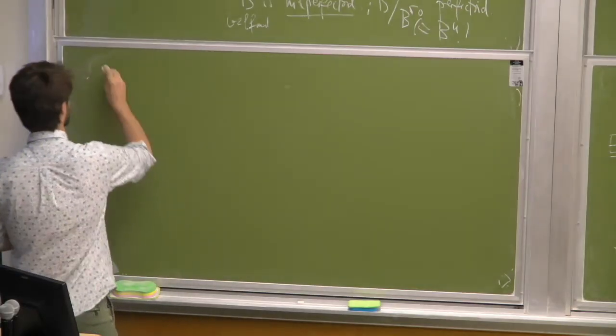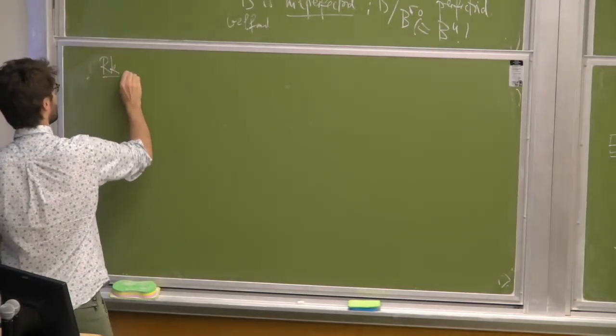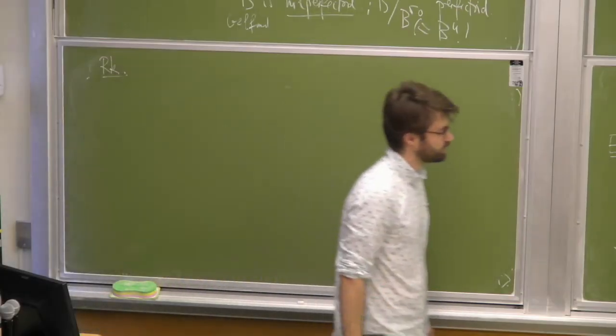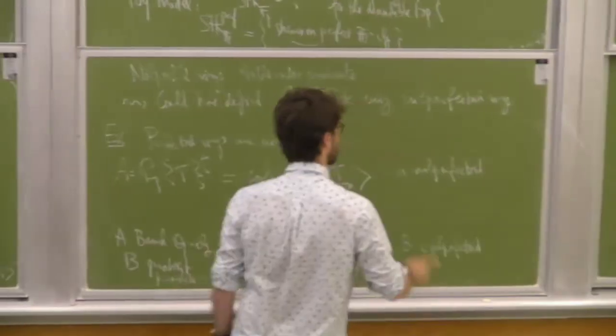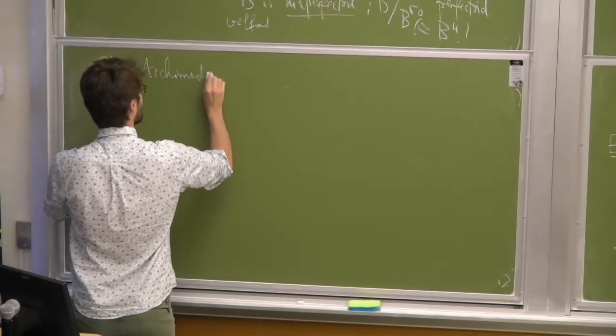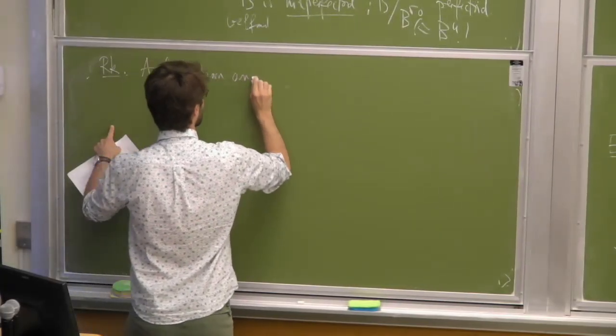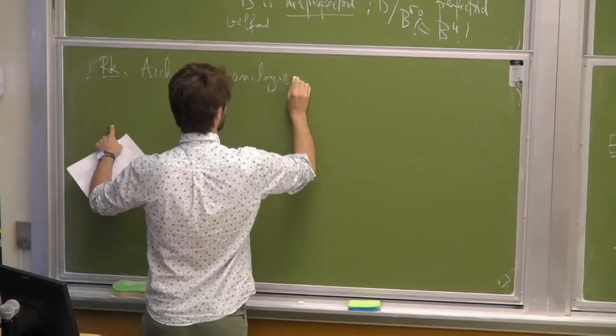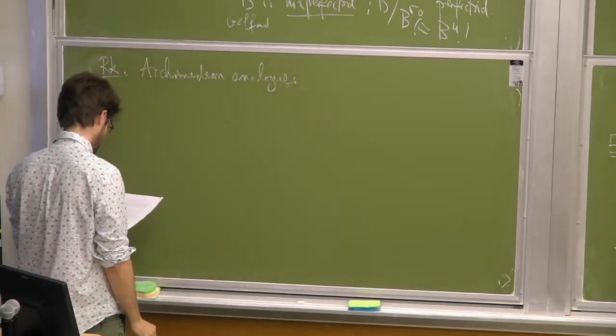One remark I can make here: I explained the characteristic p analog of this construction, and it also has an Archimedean analog. Maybe it's useful in terms of intuition.